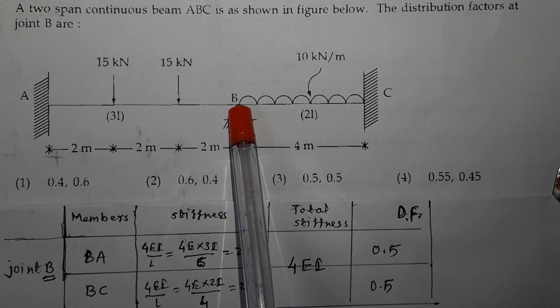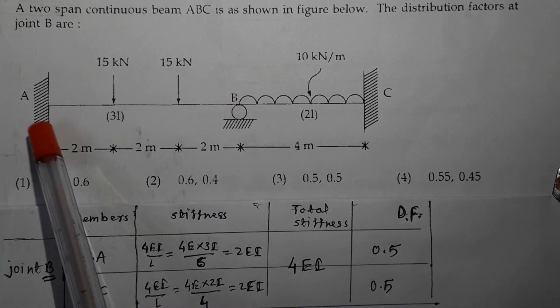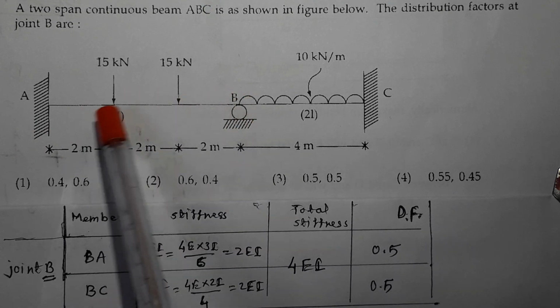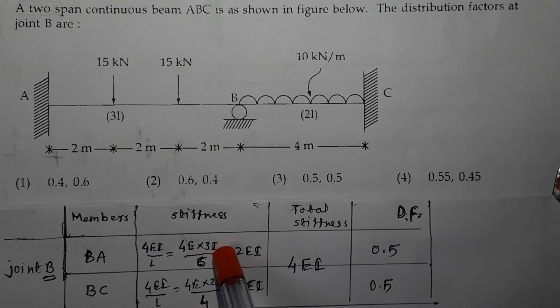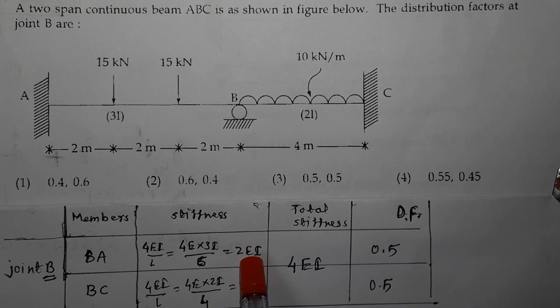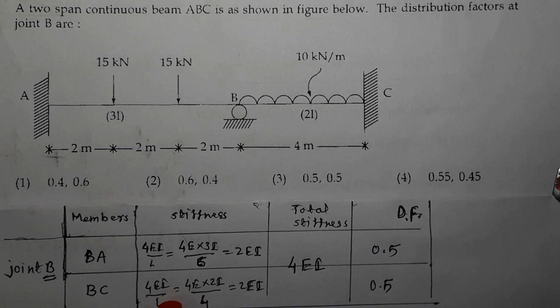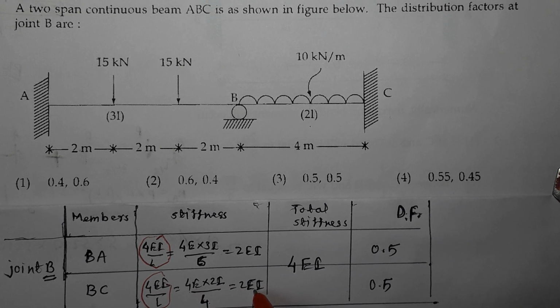Stiffness of the member BA at joint B is 4EI upon L, because the far end is fixed. But I, here for BA it is 3I, so I have substituted this value of I as 3I, so 4E into 3I divided by 6, which is 2EI. Similarly for BC, again the far end is fixed, so the formula is 4EI upon L, and value of I is 2I, so 4E into 2I divided by 4, it is 2EI again.